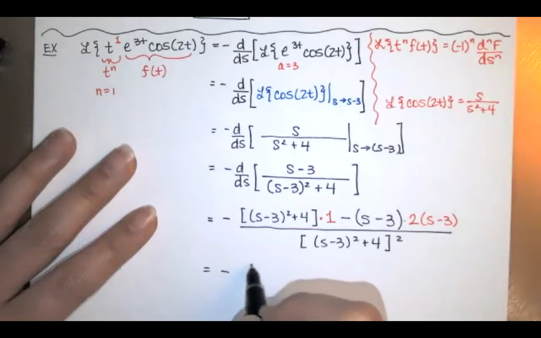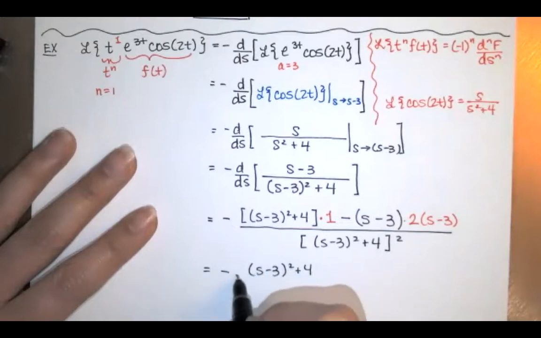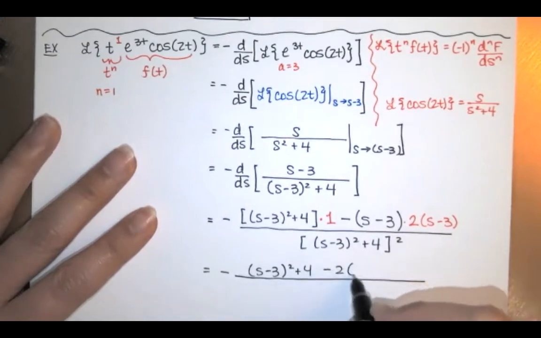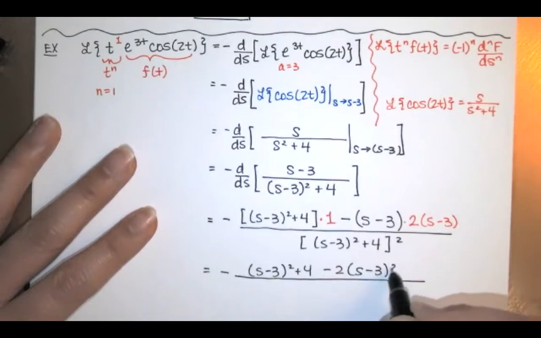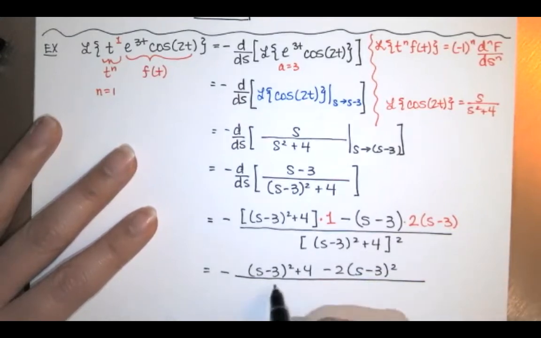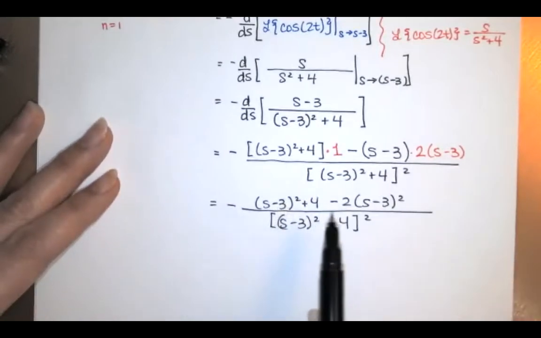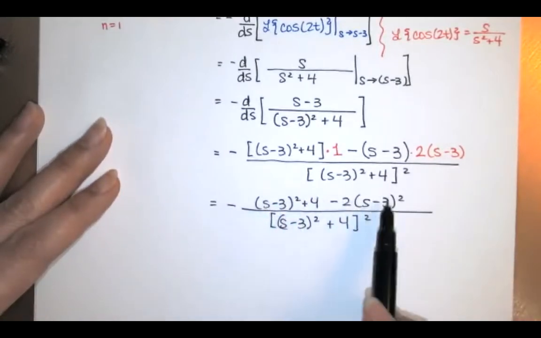And so we have negative 1 times ((s minus 3) squared plus 4) minus this, that's minus 2 times (s minus 3) squared, all over ((s minus 3) quantity squared plus 4), quantity squared again. So I've got one of these here and then another one of those here.